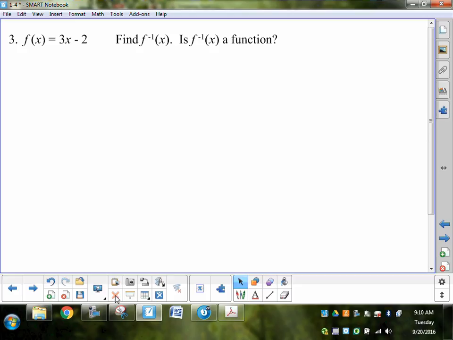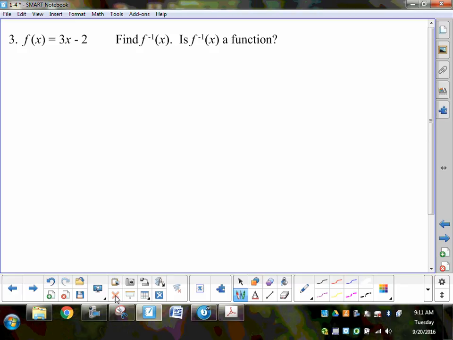Thomas, what would you do to find your inverse? You add 2. Careful. Here's what I start with. F of x is the same as what? Anybody tell me what I replace the f of x with, Sean? Y. Okay.